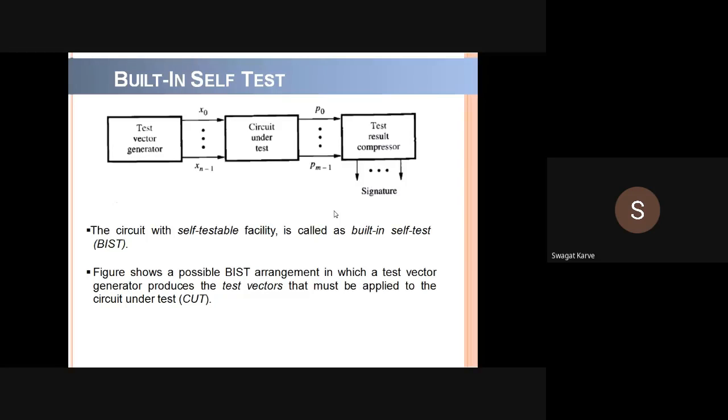That means at each clock pulse the internal operation will occur, some data in or data out will take place, and that clock pulse is of frequency in kilohertz or megahertz. That means the speed of that particular chip is tremendously high. And to check such a high speed circuitry, you must have a robust and effective testing method with you, right?